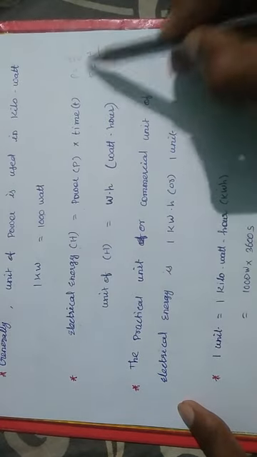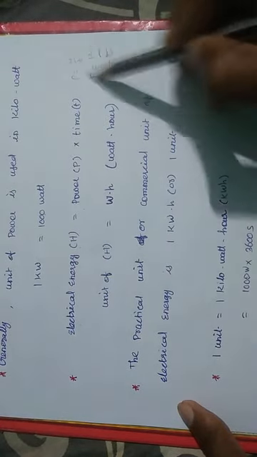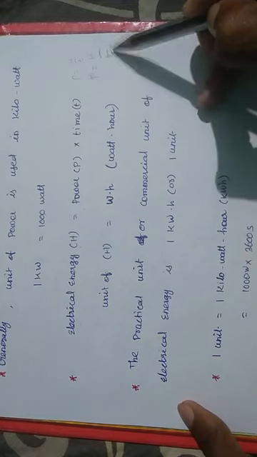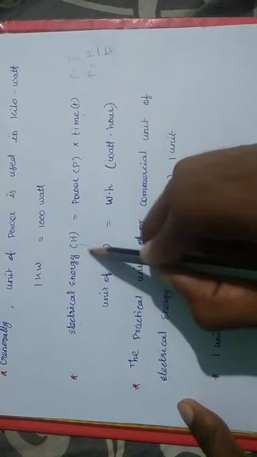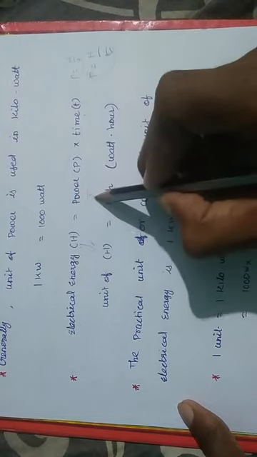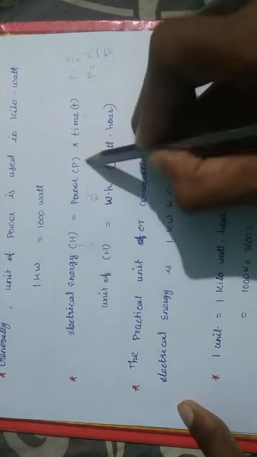How much energy has been consumed by a circuit can be calculated this way. If you transpose the T to the right hand side, you'll get electrical energy is power into time. So for the unit of electrical energy H, what is the unit of power? Power is watt and time is measured in hours.